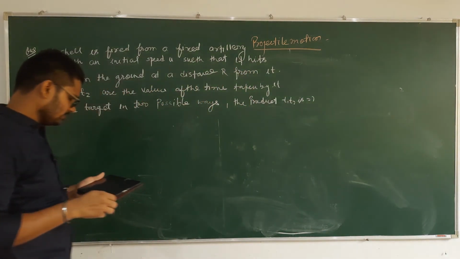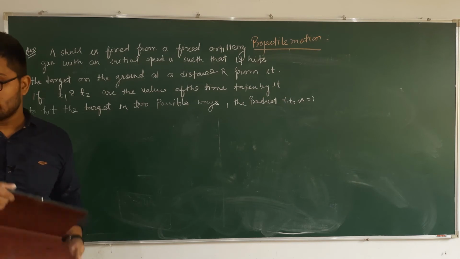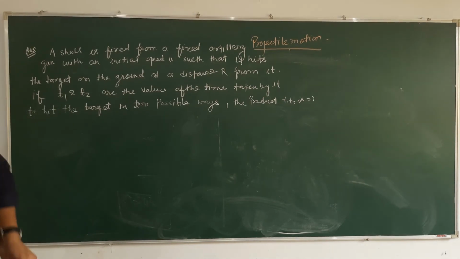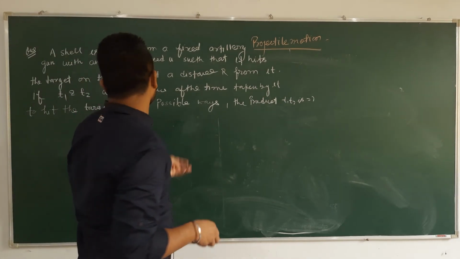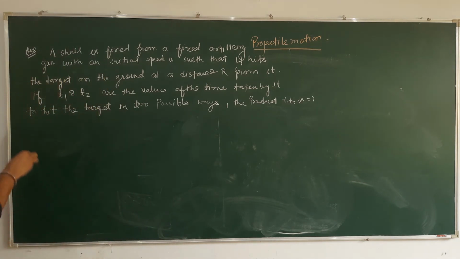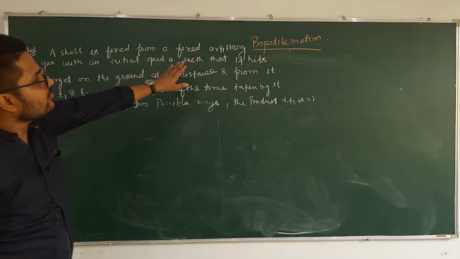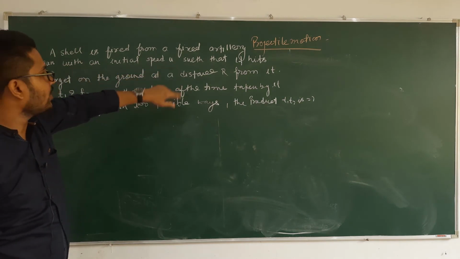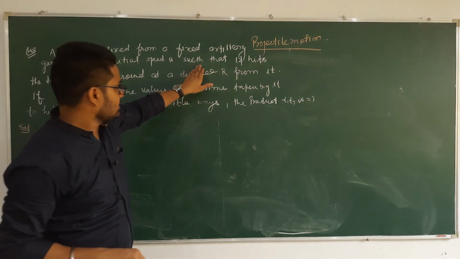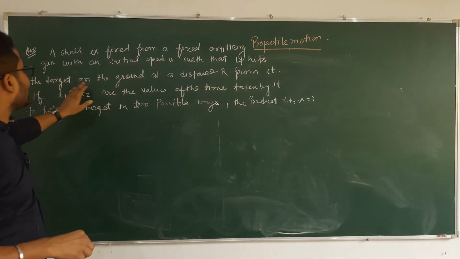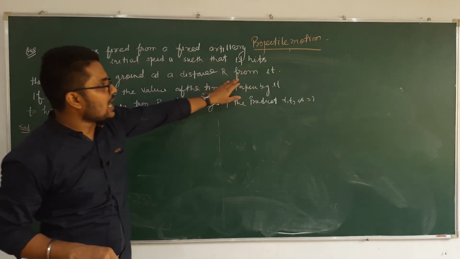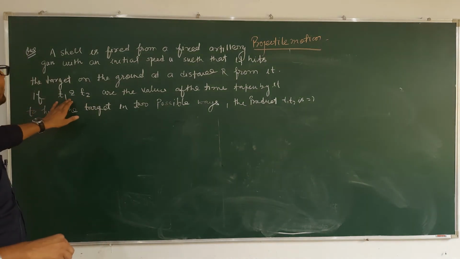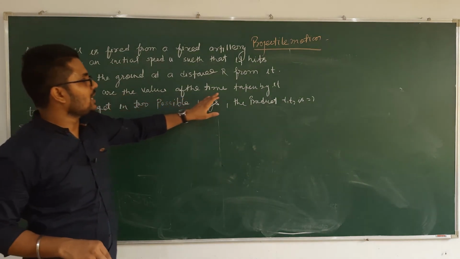Okay, so how to calculate this question? The given information here is: the shell is fired from a fixed artillery gun with an initial speed u, that it hits the target on the ground at a distance r from it. t1 and t2 are the values of the time.